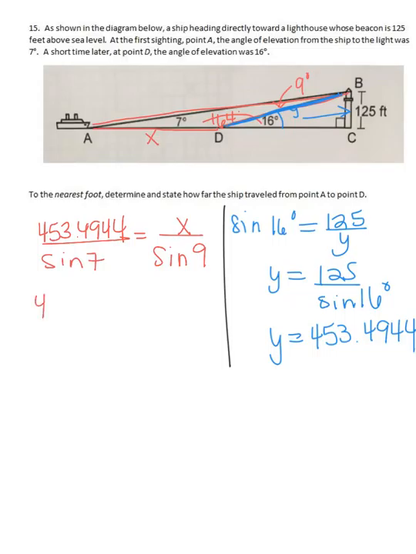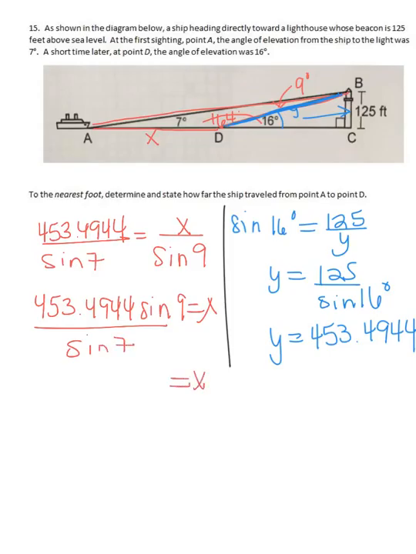Cross multiply, and divide by sine of 7, and to the nearest foot we're going to get a value of 582 feet.